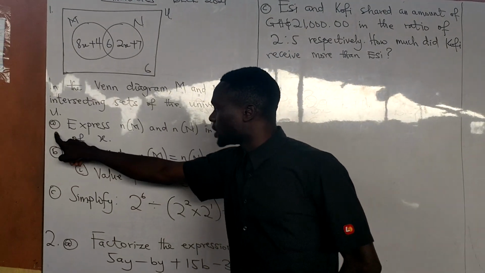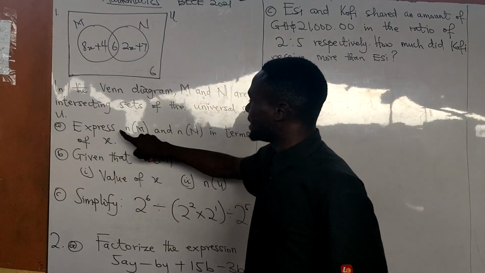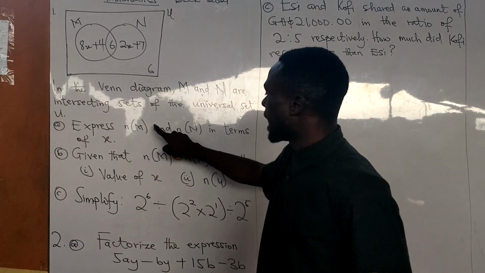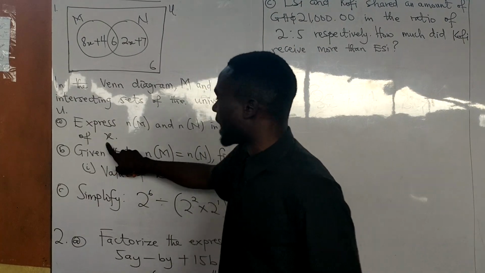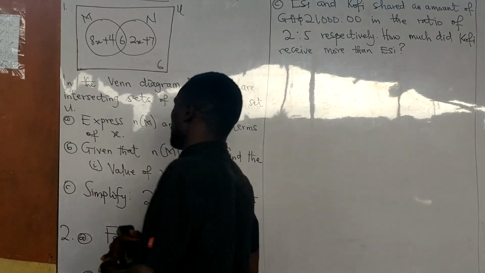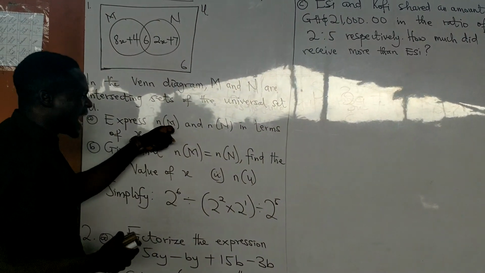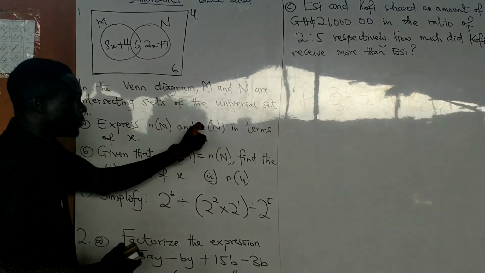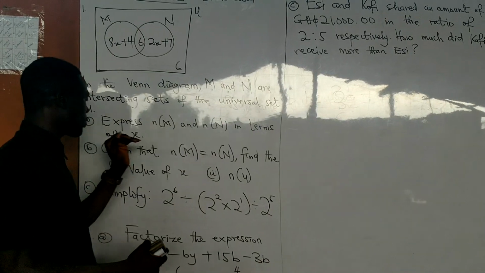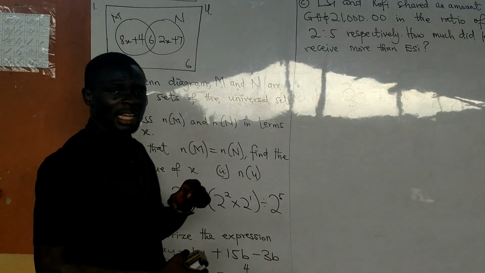The first question says, express the number of M and the number of N in terms of x. Now what are they asking us to do?